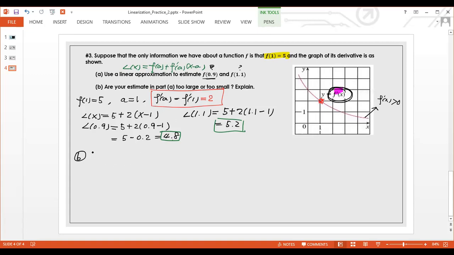Let's take a look. We did this many, many times. We know that this is f prime of x here, and it is all positive. That means my f of x is increasing.